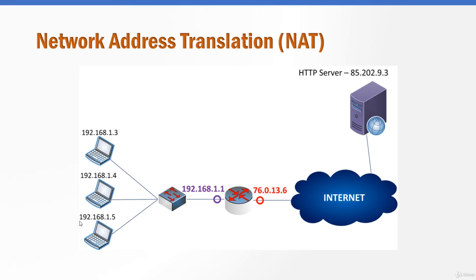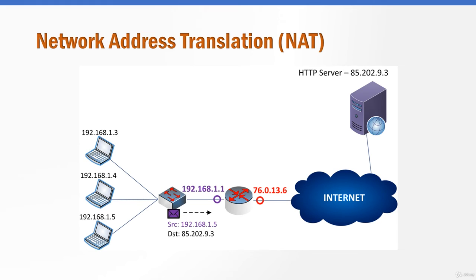Now this computer, 192.168.1.5, is going to send a packet. And this packet has a source IP address 192.168.1.5. That's the IP address of this computer. And the destination IP address is going to be 85.202.9.3. That's the IP address of the web server.